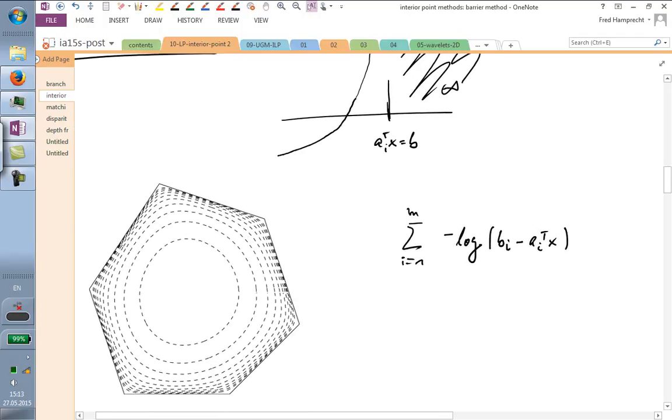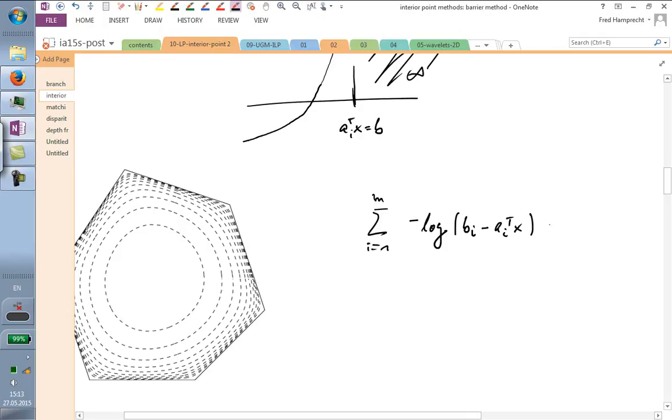And so in our feasible region, this is what we're using. And outside the feasible region, we set the potential to infinity. And this is now this potential phi of x, which you see on the left-hand side.